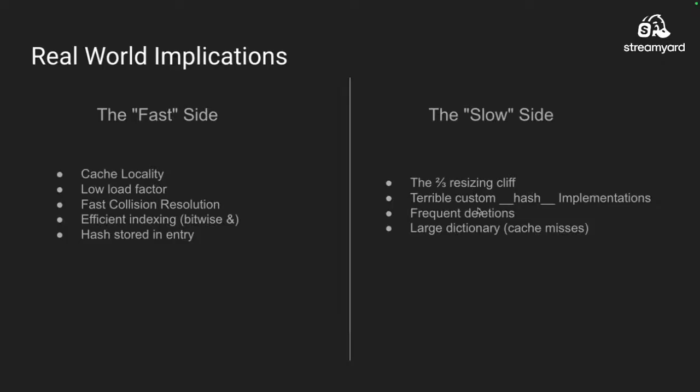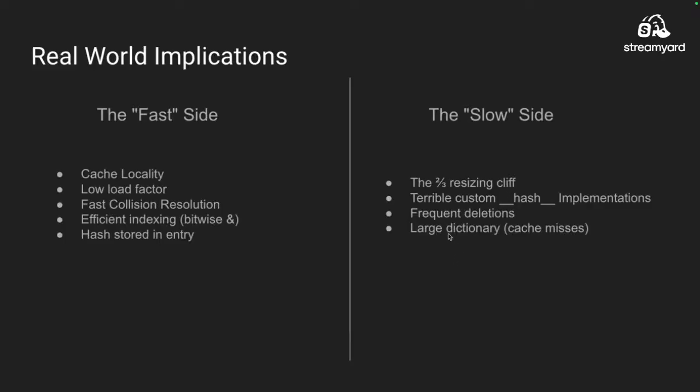Another reason could be a terribly designed custom hash function. You can create your own custom hash implementation, and that can be a poor hash function which can lead to collisions, and that can lead to the dictionary slowing down. Another reason for slowing down could be frequent deletion. Since I mentioned we are using open addressing, we need to mark the deleted entries as deleted, and then due to frequent deletions, we need to skip over multiple deleted entries, and that can slow down the dictionary.